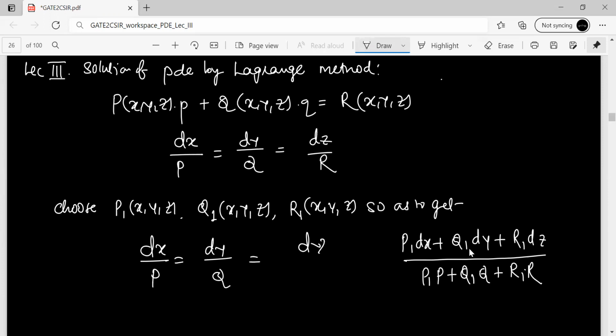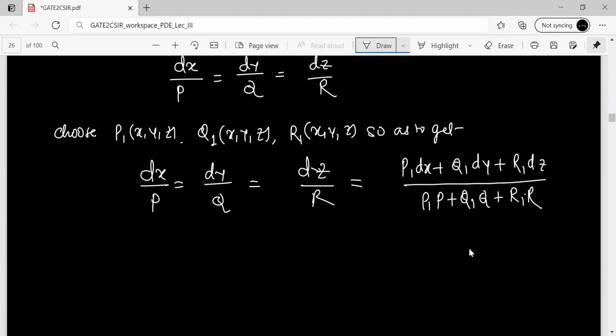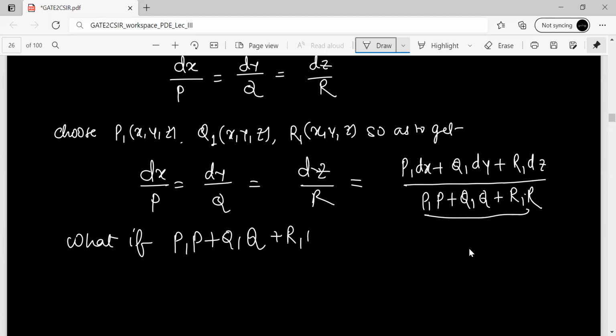So this over R will be equal to this quantity. The real question is, what if this quantity becomes 0? What if the denominator P1P plus Q1Q plus R1R equals 0? If this denominator is 0, then something upon 0 would give infinity, so the ratio, when equated with any of the parts, will make the numerator 0 as well.